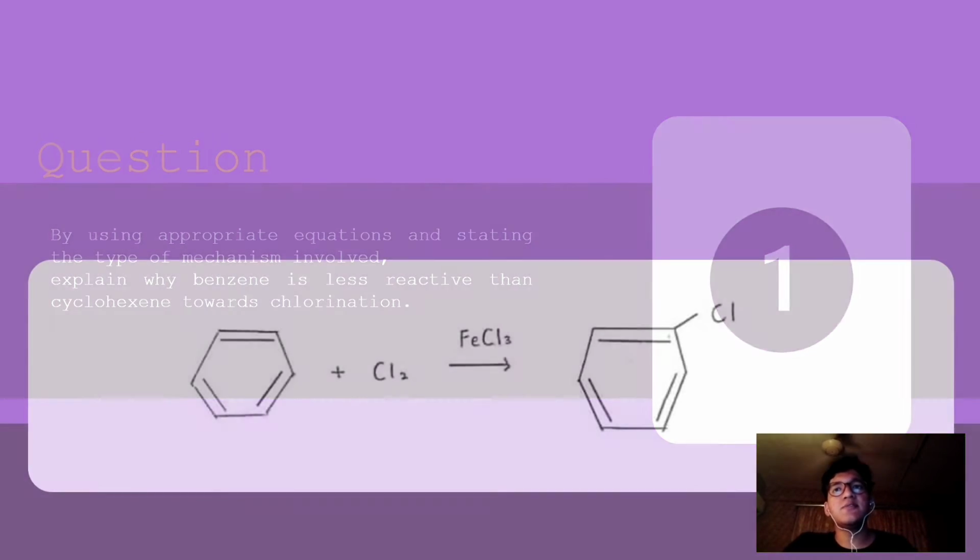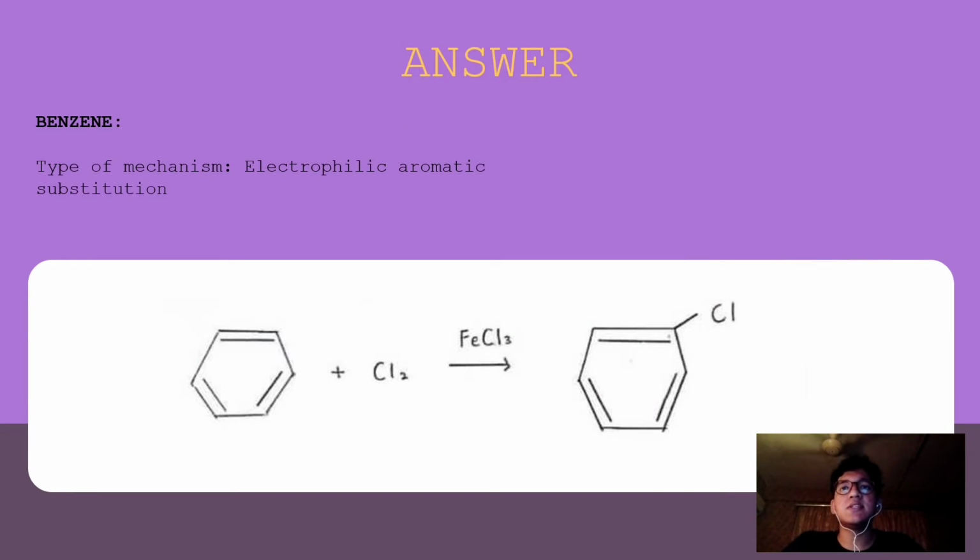So the answer is, for benzene, the type of mechanism is electrophilic aromatic substitution, and the general reaction for chlorination of benzene is that we have benzene and add chlorine, and we use ferric chloride as the catalyst.